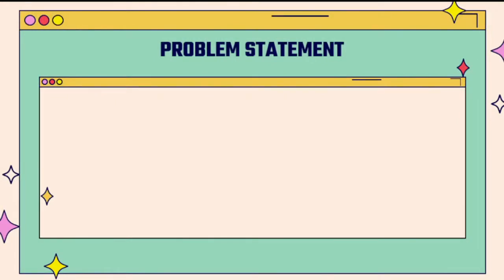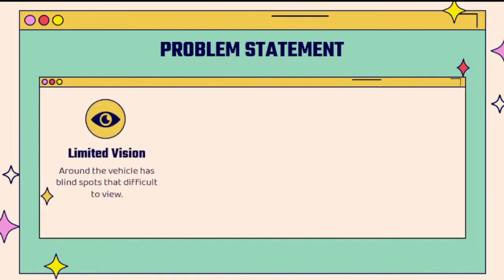Then move to the next section, which is the problem statement of this project. There are three problems that prompted me to create the YSP system. The first problem is limited vision. This is due to the blind spot that happens when the driver is driving the car. The blind spot makes it difficult for the driver to view, and it can easily make the driver involved in an accident.